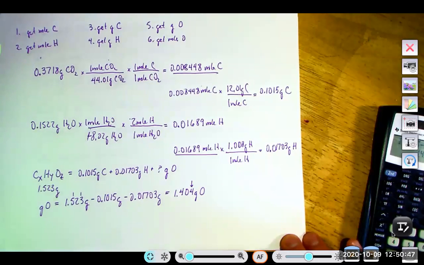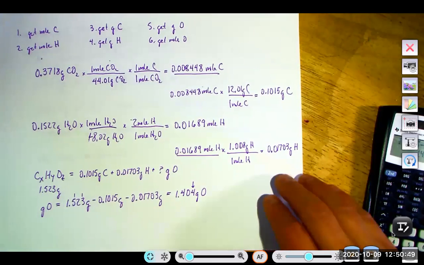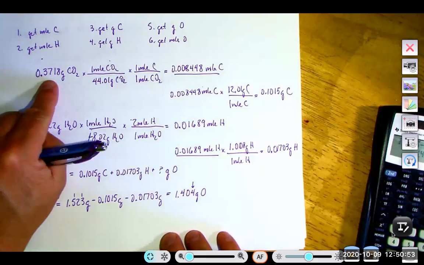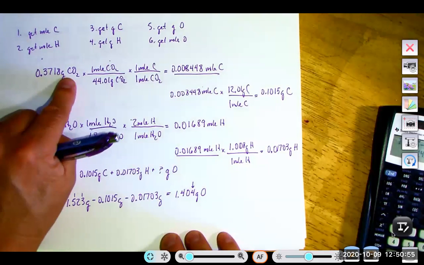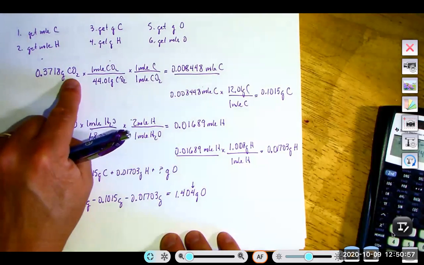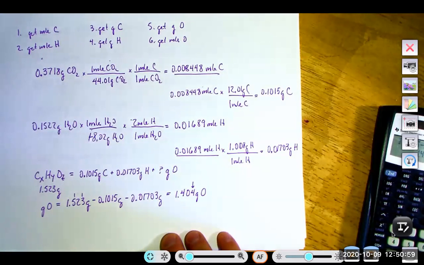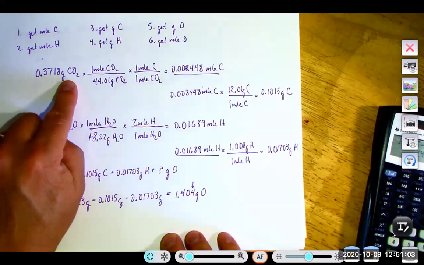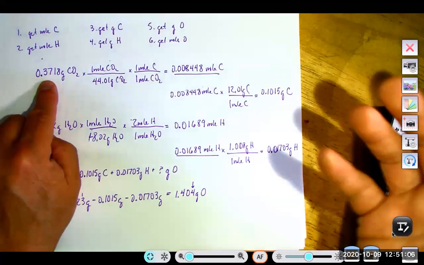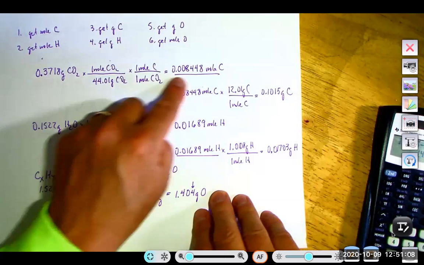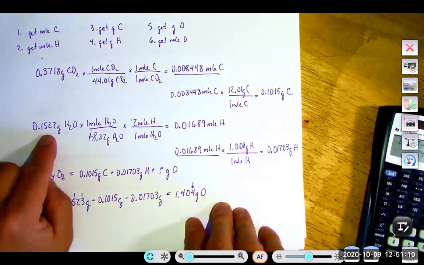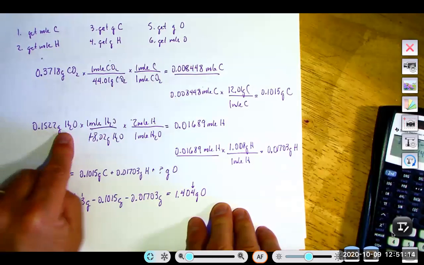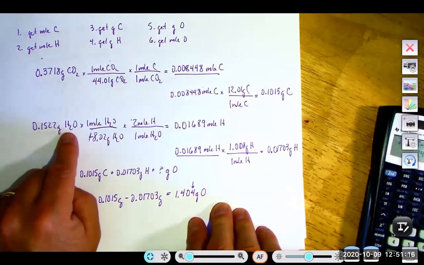And what I'm doing here is I'm double checking everything. I'm going back to this number here, 0.3718 grams of CO2. I know that that's got to be about 1/3 carbon. So that means about 0.12 grams of carbon. So that seems to be about right. I know that this has got to be about 1/100th of a mole of this.